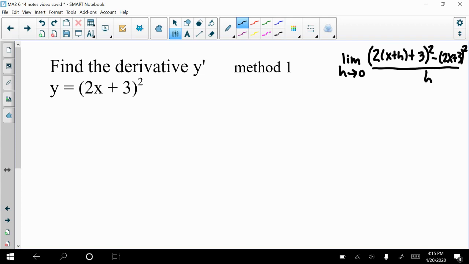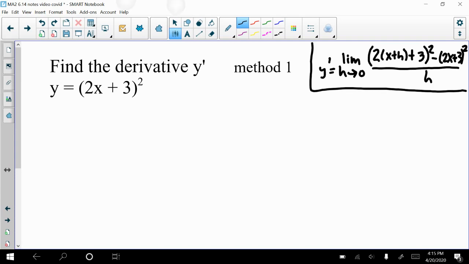And then I could go through all the math and find the derivative that way. That's one way to find the derivative. But we typically use that method just to prove other techniques so that we can then use those quicker techniques and not ever have to go back to this method.